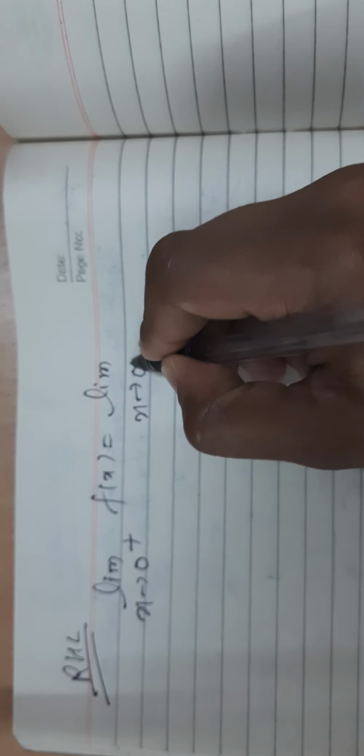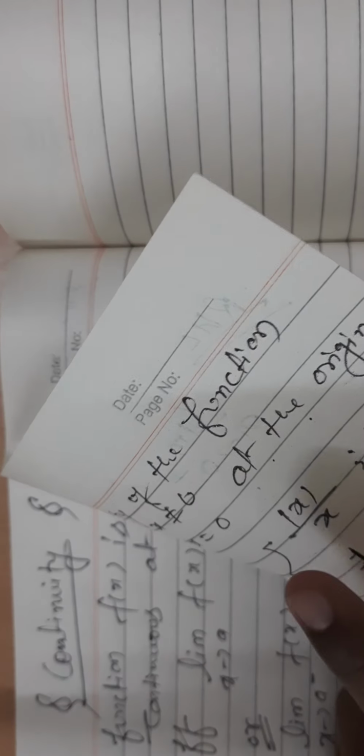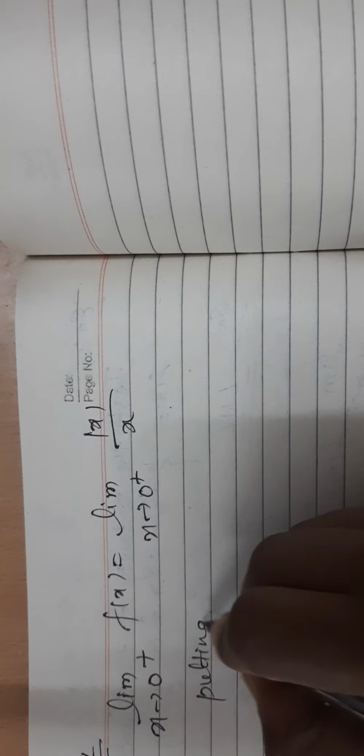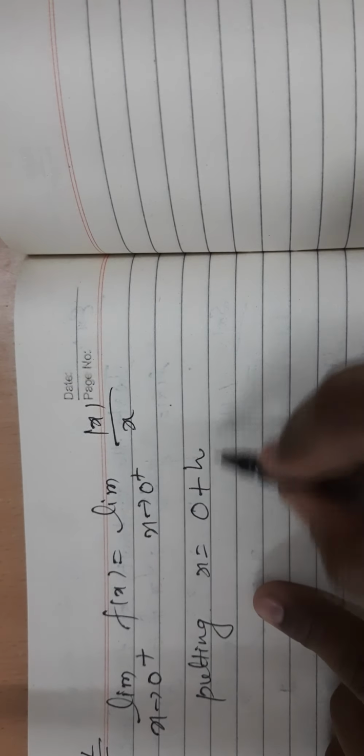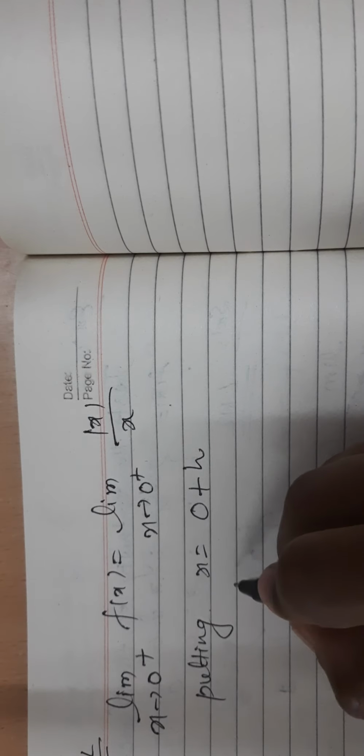Now 0 plus means a little bit greater than 0, which means not equal to 0. So again the same condition: for not equal to 0, the value of the function is mod x by x. Now again we will put x equals 0 plus h. As soon as we put x equals 0 plus h, we need to change the limit also.